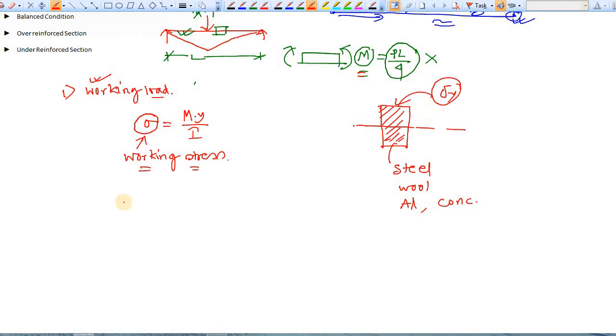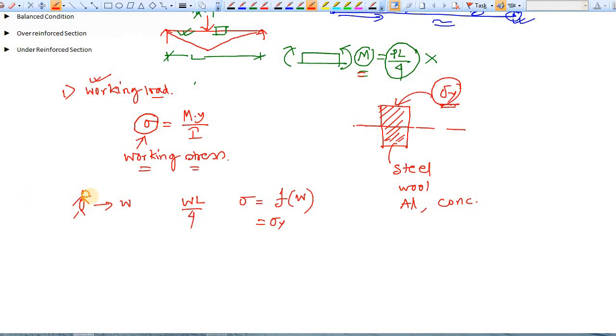Now for design purposes we cannot use this value as the ultimate value, because let's say your body is of weight W, and for that the bending moment is WL by 4, and the stress is a function of W, and you have designed this beam based on the yield stress. This sigma is equal to sigma y.